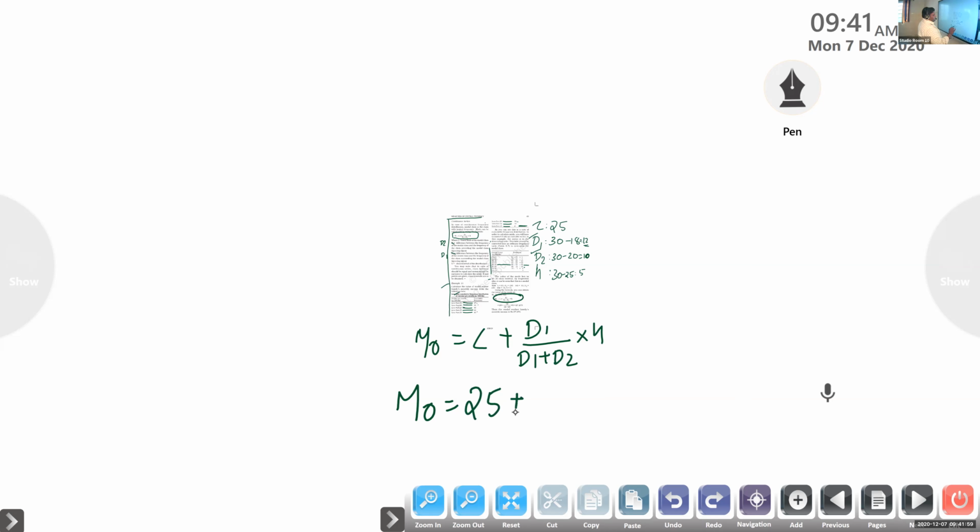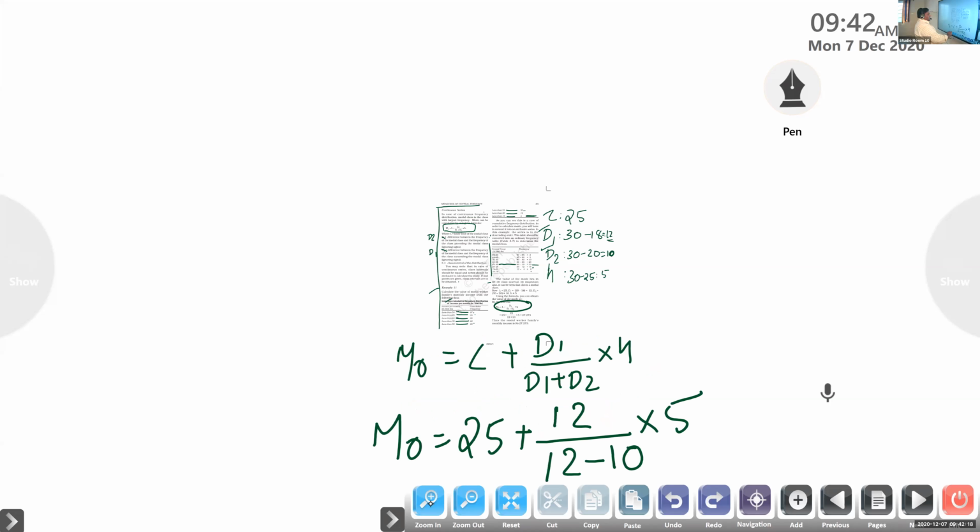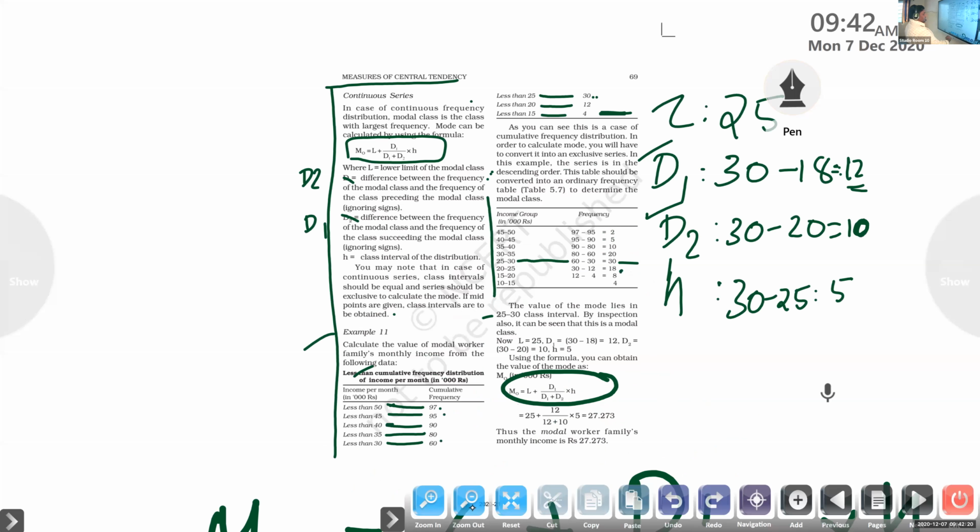25 plus D1, that is 12 for us, divided by D1 plus D2, 12 plus 10, multiplied by 5. What is the answer we got here?